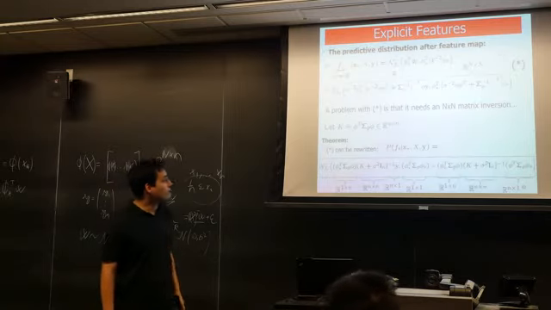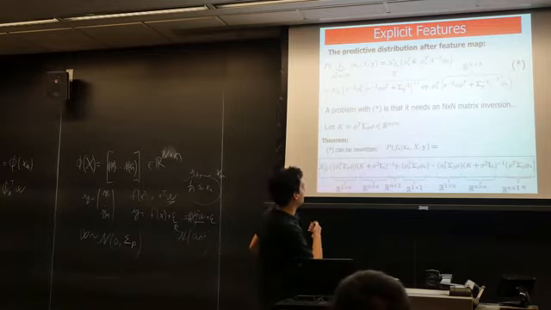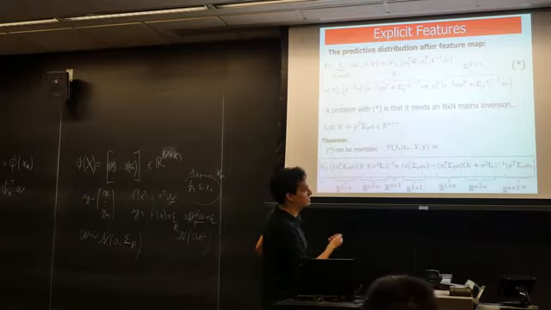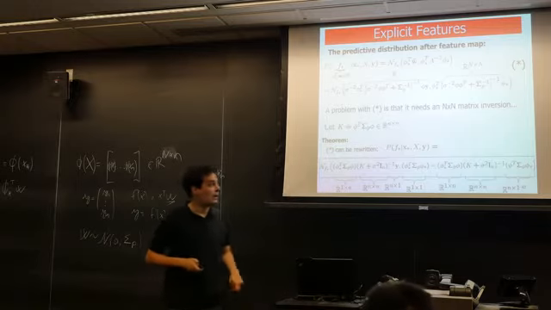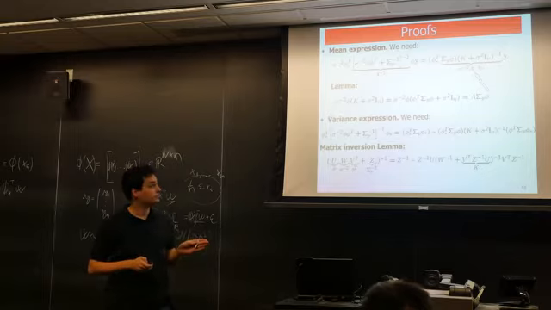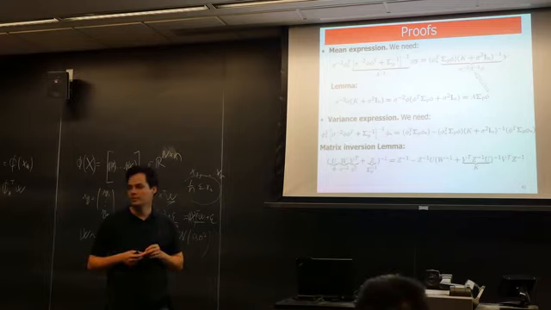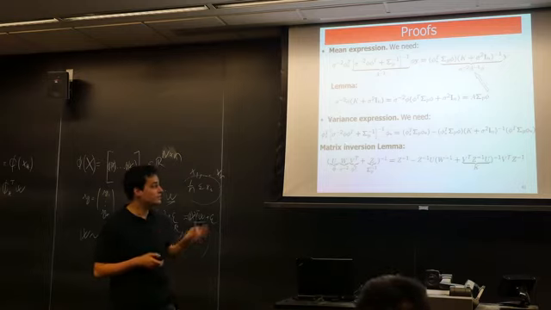Okay, so what is left is to prove that this mean is the same as this mean, and this covariance is the same as this covariance. This is in the next two slides. I just want you to go home and look at those slides, and if you have questions, then ask me, but let's not spend more time on that. The details are there.